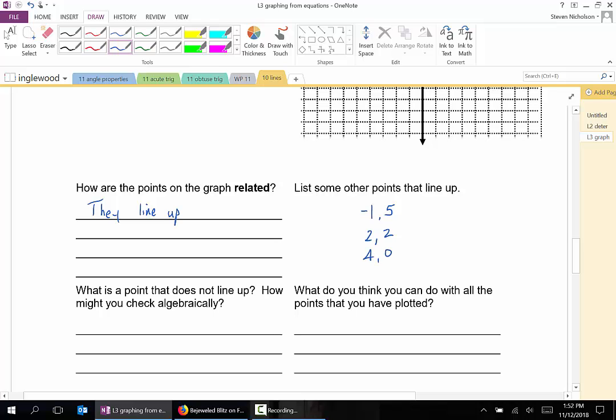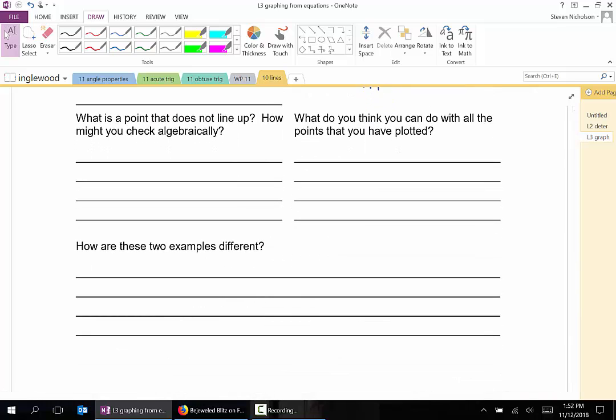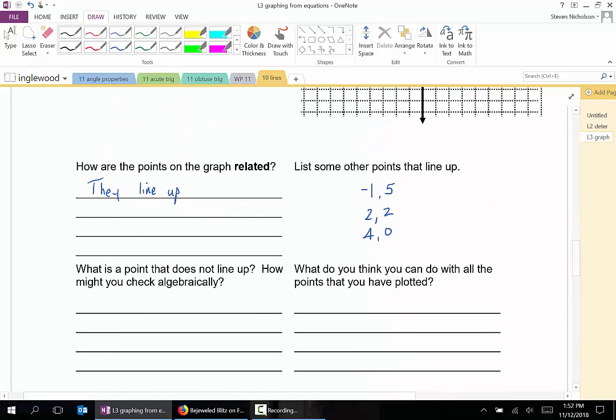Remember, 4, 0 and 0, 4 are not the same. So here are some other points that line up. I didn't choose them, you might not have chosen them, but they work as well. So looking at our next idea: what is a point that doesn't line up, and how can we check algebraically?